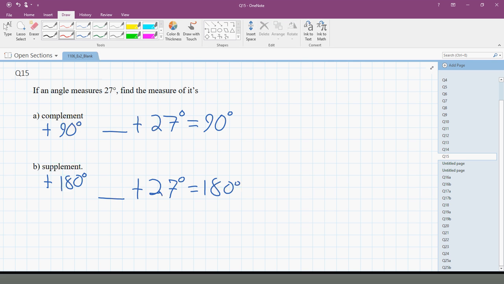63. On the complement. You got it. 63 degrees, because you just take 90 minus the 27. And what's the supplement?